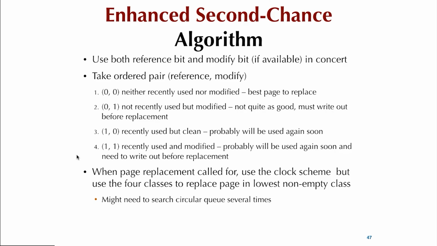So you want to rely on second chance to prove that it's not going to be used again recently. As you can see, this is a pretty straightforward extension to the base second chance algorithm.